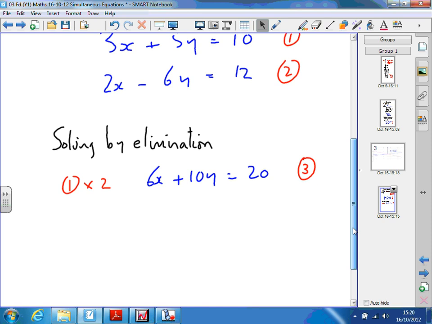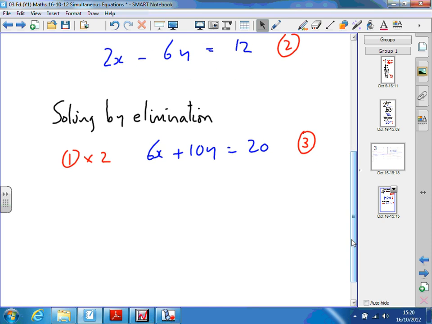What I'm going to do with equation 2? Multiply it by 3. Right. So you do that. 3 lots of 2x is 6x. 3 lots of minus 6y is minus 18y equals 36. Call that equation 4.